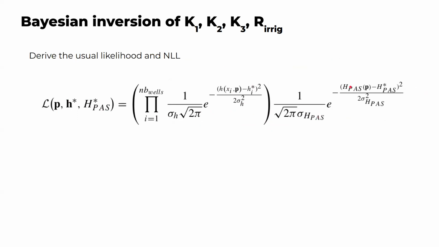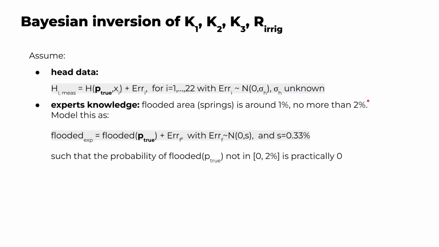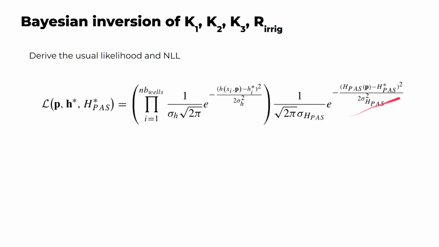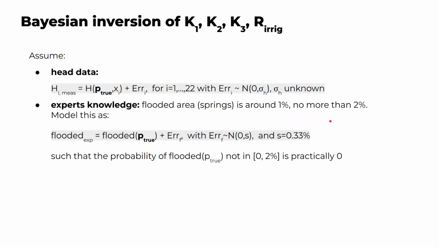You see here there's head above surface predicted minus expected, so 1%. This term becomes essentially 0 if you choose sigma, this S here, that here became a sigma, sorry about that. This part is essentially 0 if we tune S to be 0.33%.